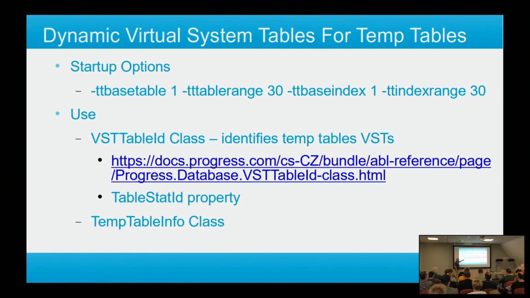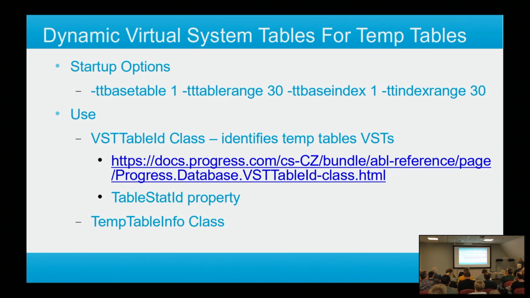So we will use the tablestat ID property, which is one of the properties of this VST table ID class. And we will also use in our presentation another class, the TempTableInfo class, both of which are directly accessible from your ABL code.